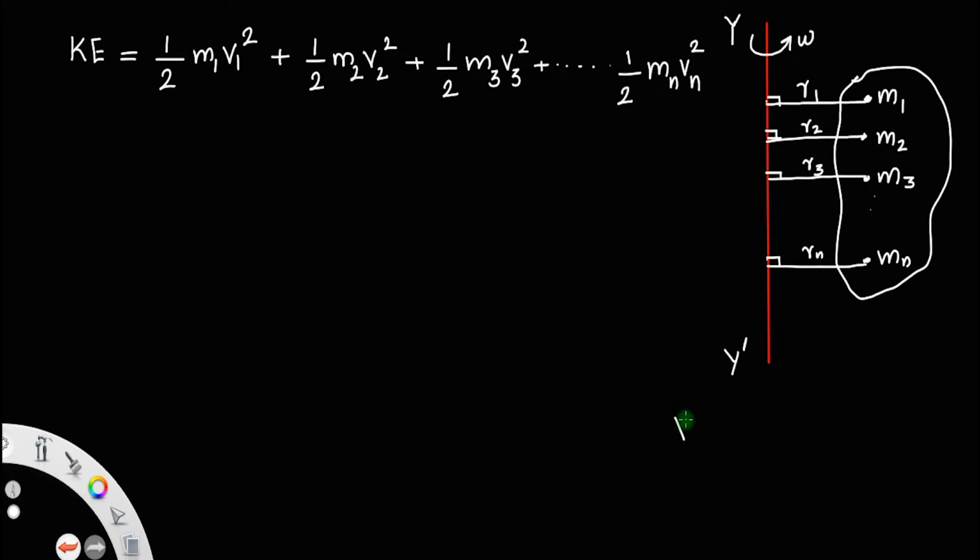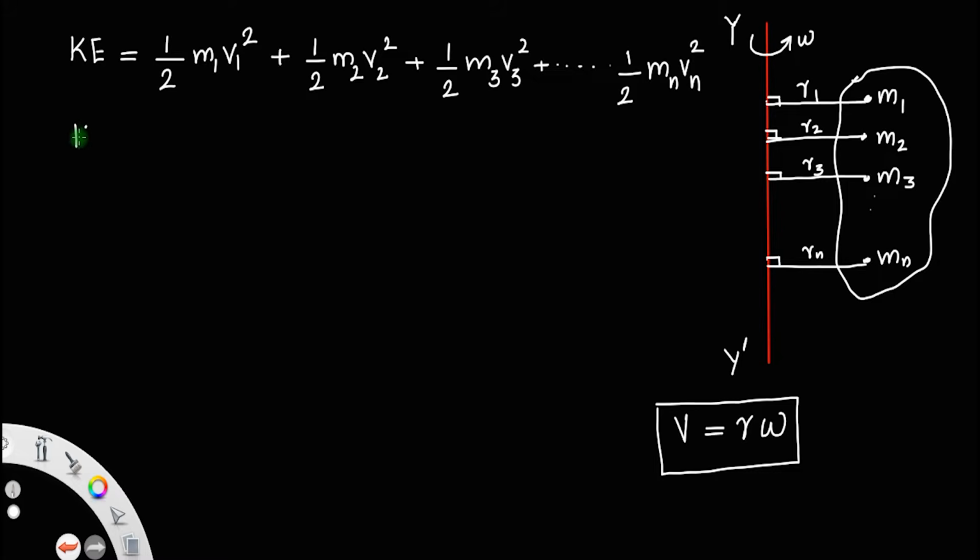But you know, the linear velocity of any body will be the distance of the mass from the axis times the angular velocity, or radius into angular velocity. This is the expression for linear velocity.